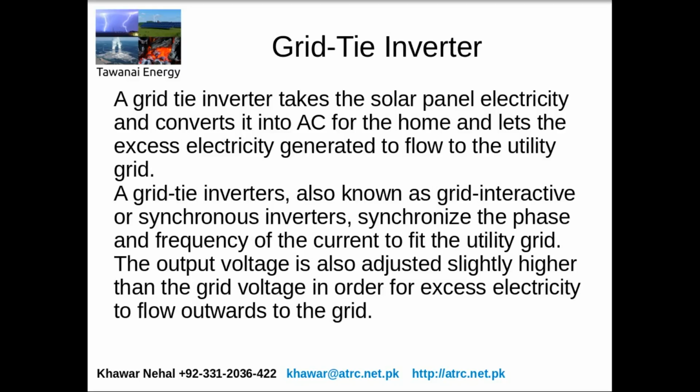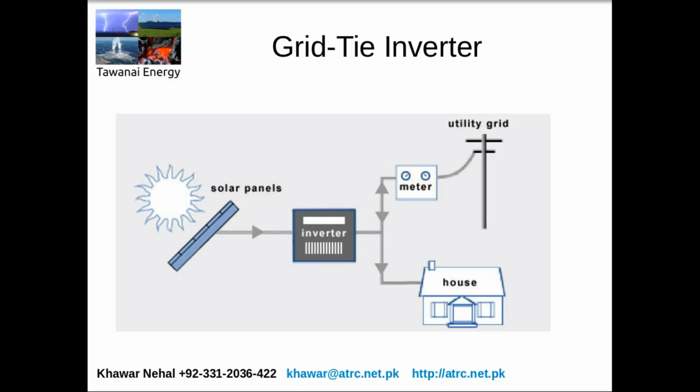And if the home is not using all of the energy that the solar panel and the grid tie inverter is offering, some of the electricity will flow in reverse out of the meter into the grid, and some of the meters are designed to go in reverse and measure that difference, and that will actually help generate money for the house, because the meter will be going in reverse.